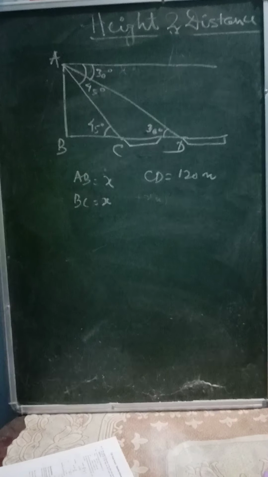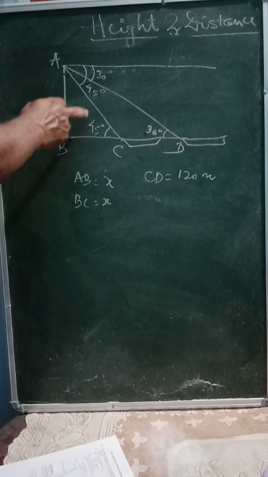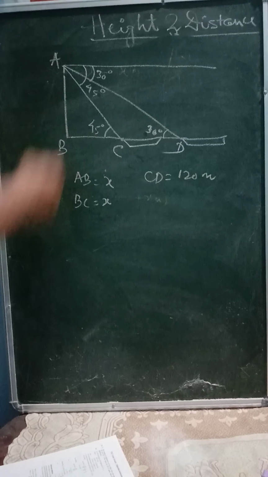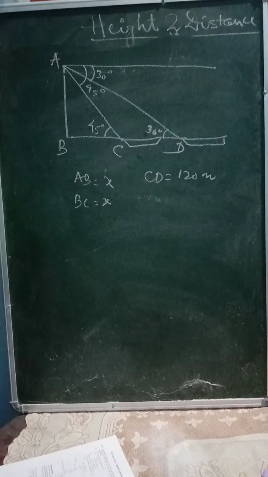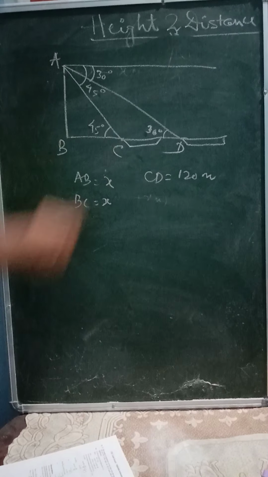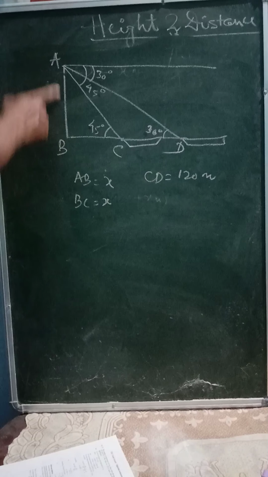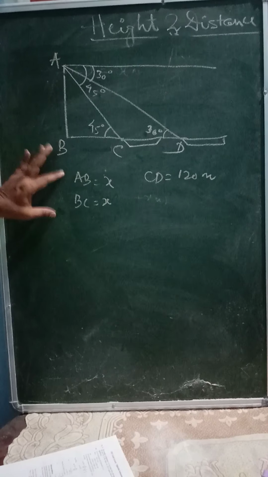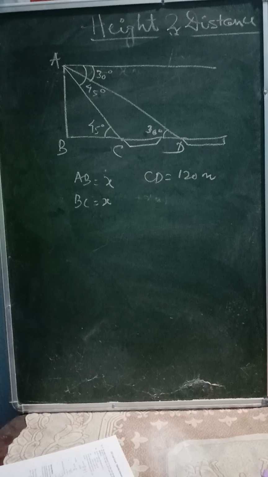We have already solved in the previous question that as it is 45 degrees, it is an isosceles triangle, and with tan 45 also we can know that tan 45 is equal to 1. So AB by BC is equal to 1. As AB is equal to x, BC is also equal to x. I do not want to write much more here because I have already solved this.